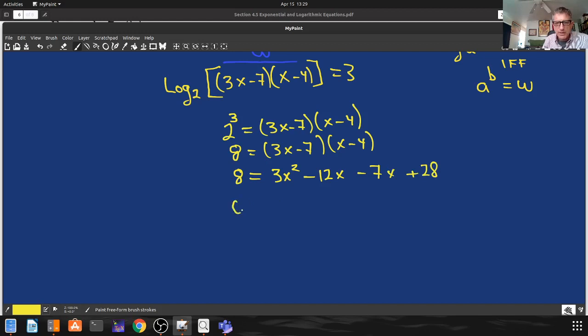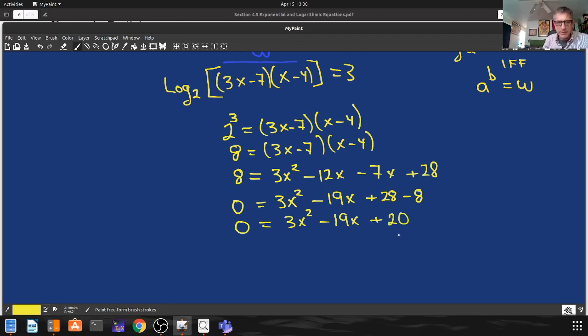So that's going to give me 0 is equal to 3x squared minus 12x minus 7x is minus 19x plus 28. I have to subtract the 8 that I just brought over. So I have 0 is equal to 3x squared minus 19x plus 20.